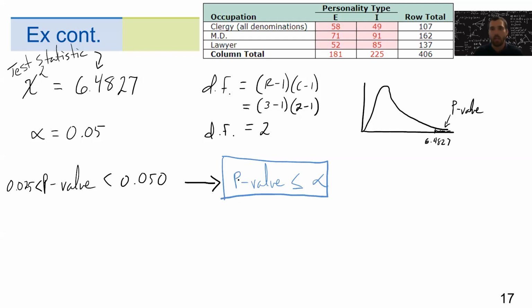We've been doing that a lot in the past. So what does that tell me? This tells me that I reject my null hypothesis. Therefore, concluding the test, we reject the null hypothesis. We accept the alternate hypothesis, which was saying that they are not independent.